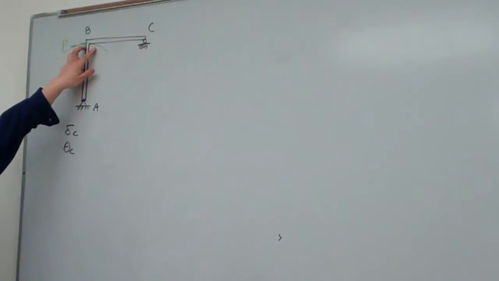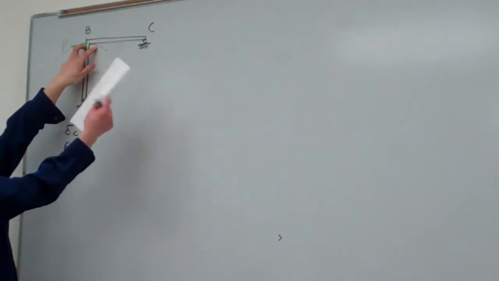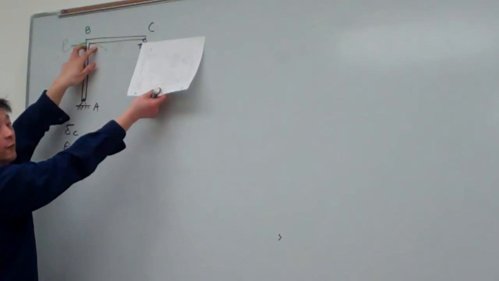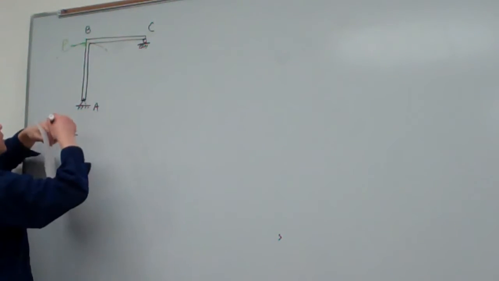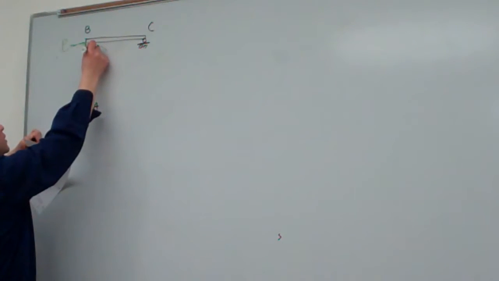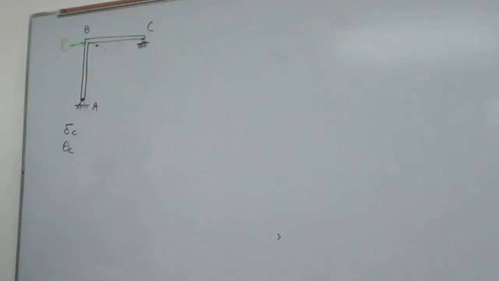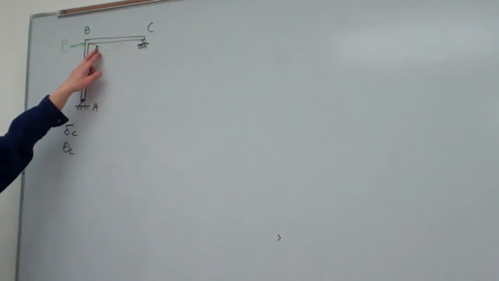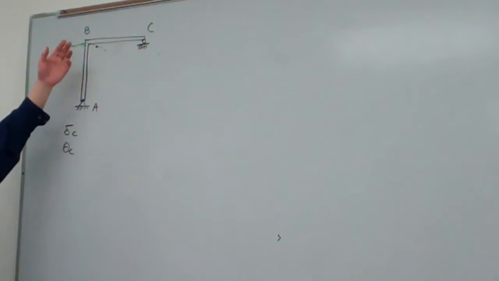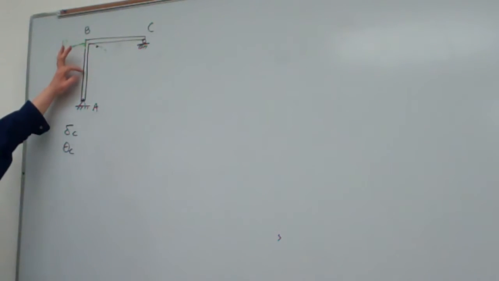And the horizontal displacement, due to this constraint, will push C forward. But the vertical displacement at B from here to here is going to cause the bending. If this point goes to bending, maybe that bending will influence this portion, might be. Who knows?